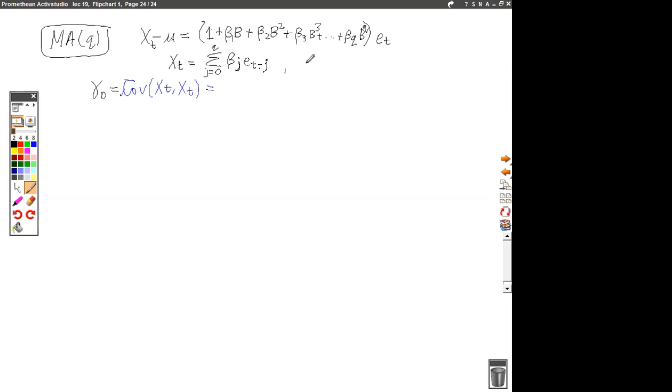So I assume that my beta 0 is 1. And I write my xt as such. So now I'm again, instead of xt here, I will just substitute this. So xt I can write as, just 1 times et plus beta 1 et minus 1 plus beta 2 et minus 2, so on till beta q et minus q.